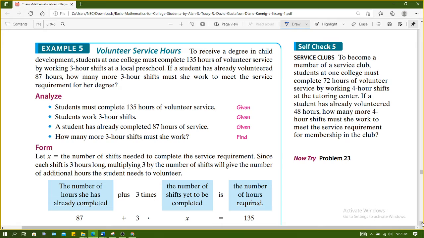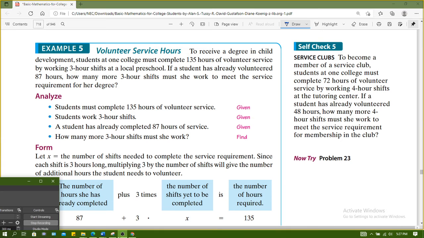Example number 5. Volunteer service hours. To receive a degree in child development, students at one college must complete 135 hours of volunteer service by working 3-hour shifts at a local preschool.